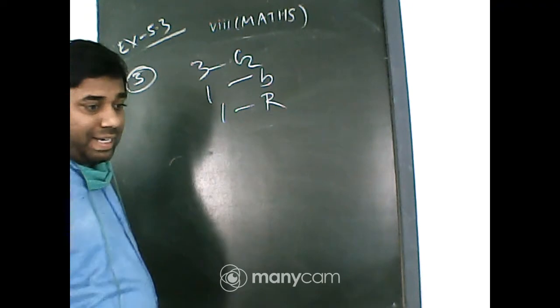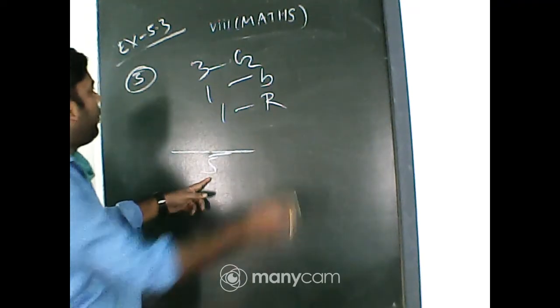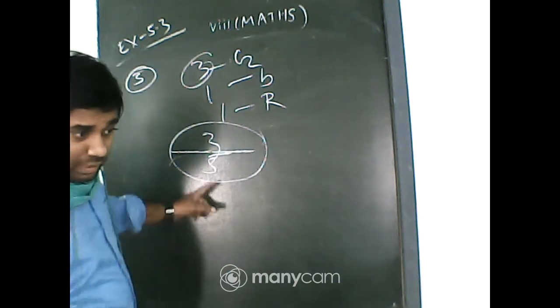What is the probability of getting a green sector? First of all, the total number of sectors is 5. How many green sectors? 3. So 3 by 5 is the answer. Got it, everyone?